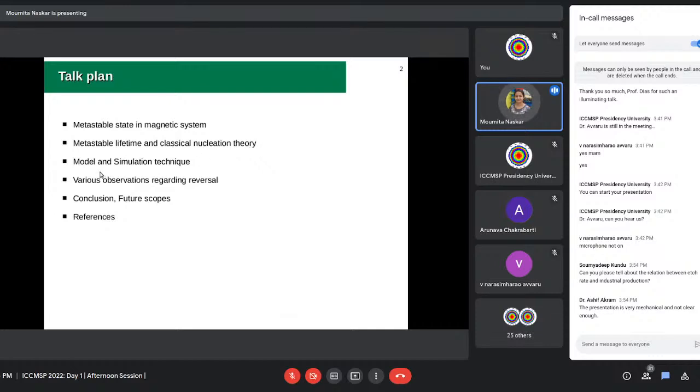Then I will describe the model and simulation technique. After that, I will share some observations regarding reversal or metastable lifetime under the influence of magnetic anisotropy. Then there will be a conclusion along with some future scopes, followed by some useful references.